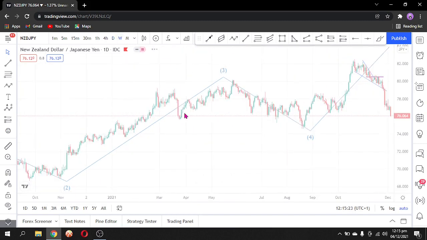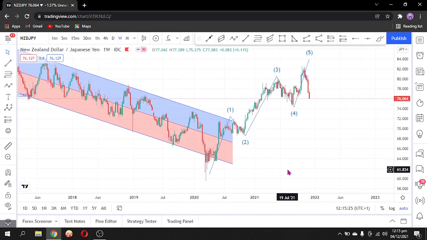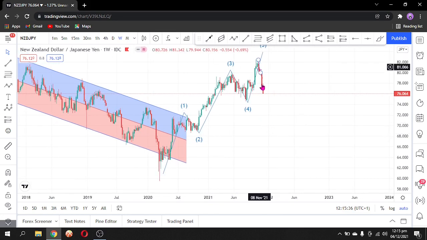and on the weekly time frame, we previously drew this Elliott wave pattern, the first, second, third, fourth, fifth push up, and then after this price dropped to this point. So we expect price to pull back to a certain level.